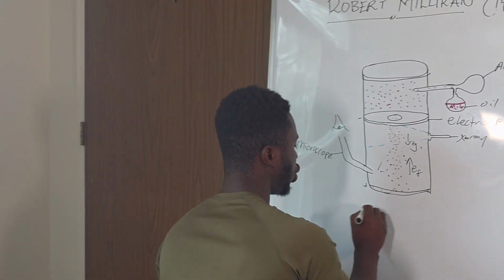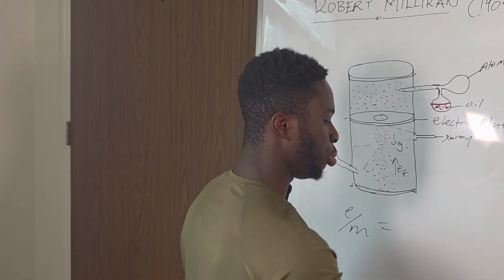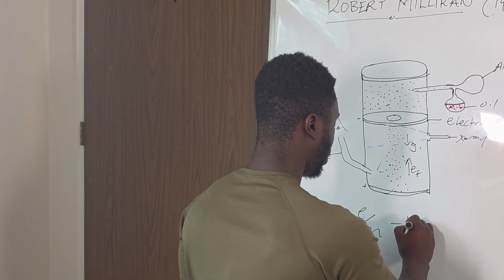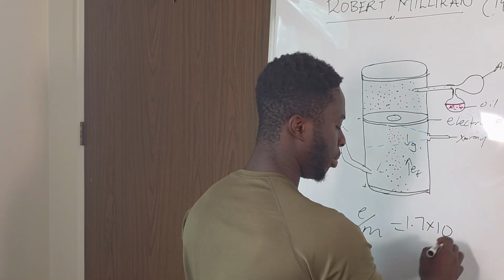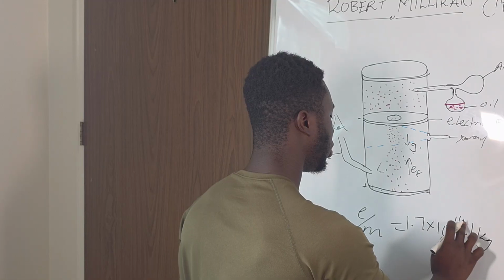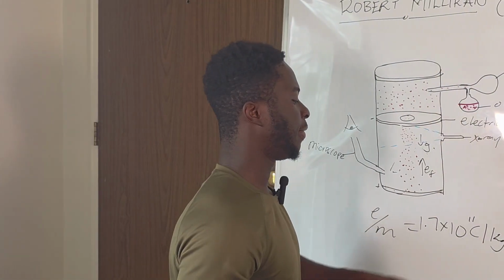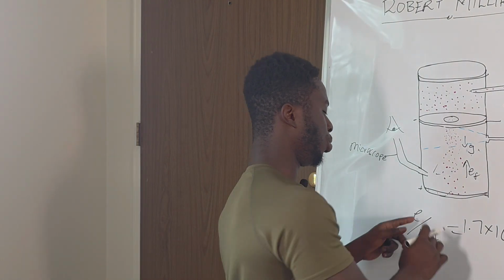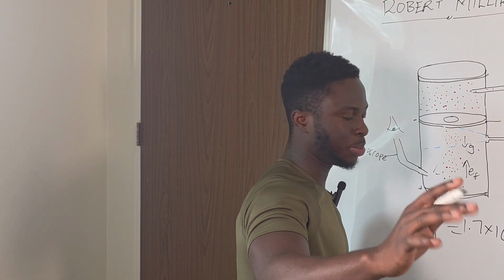He found that to be the figure 1.7 times 10 to the power 11 coulombs per kilogram, right? So this is the value that he found from J.J. Thomson's cathode ray experiment.